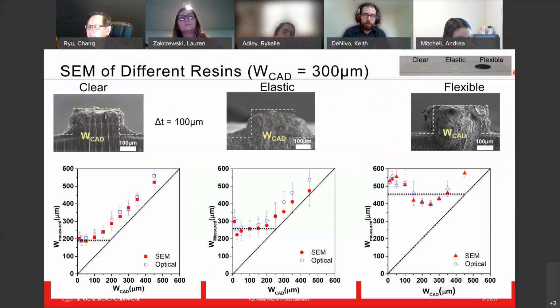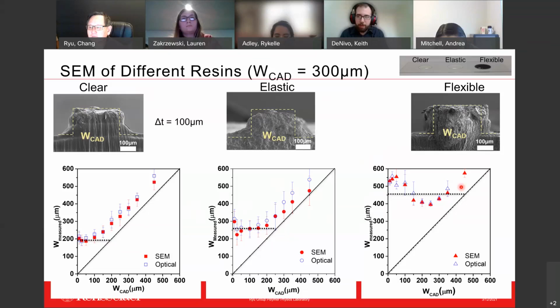These are kind of what the SEM of each of the individual resins look like. For the clear, it had the best resolution since it could print out the smallest width. The smallest width it could print was around 200. The elastic was a little worse, and its minimum resolution was about 260.